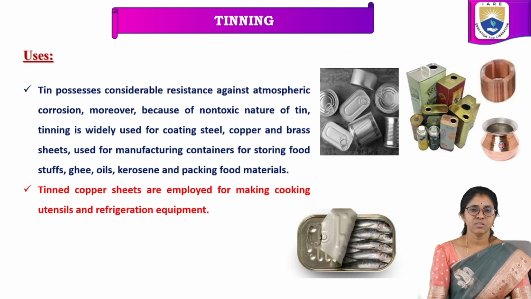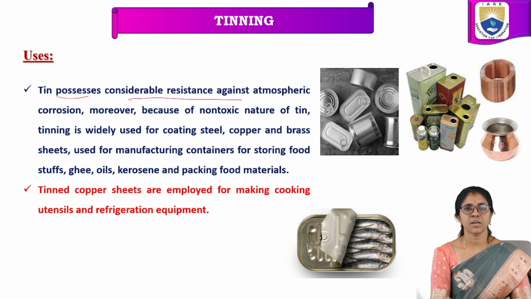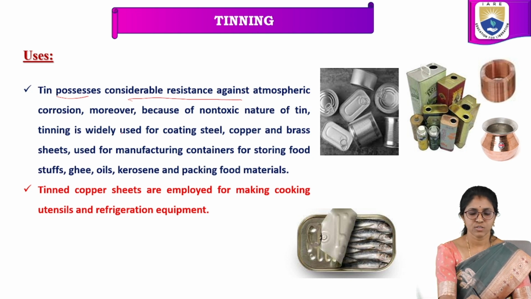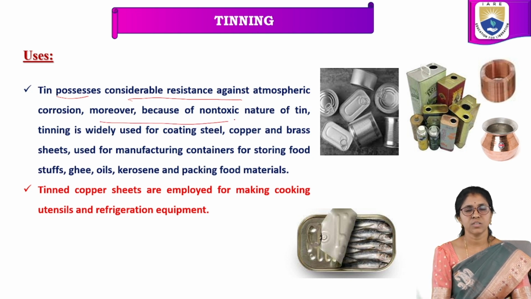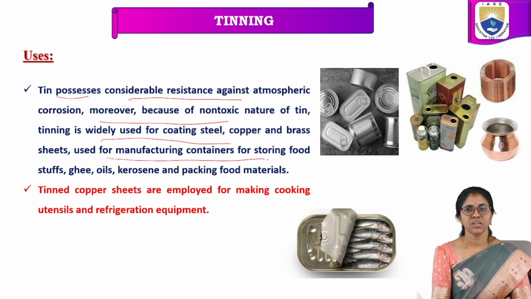So what are the uses of tinning? Tin possesses considerable resistance against atmospheric corrosion. Moreover, because of the non-toxic nature of tin, tinning is widely used for coating steel, copper and brass sheets, used for manufacturing containers for storing foodstuffs, ghee, oils, kerosene, and packing food materials.